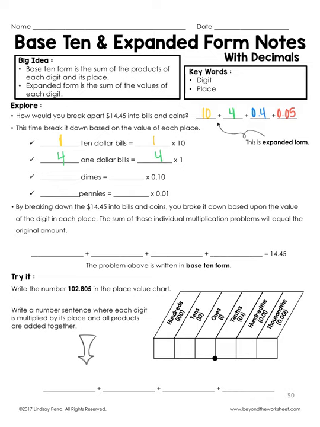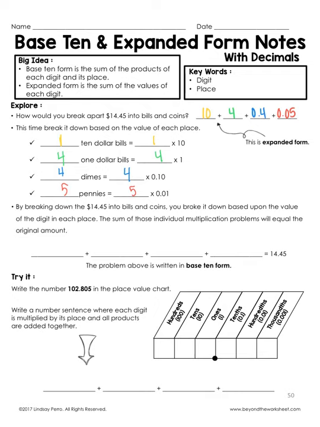I have 4 dimes, 40 cents, right? So that would be 4 times 1/10, or 10/100, however you want to look at that. And then I have 5 pennies, which would be 5 times 1/100, or 1 cent.